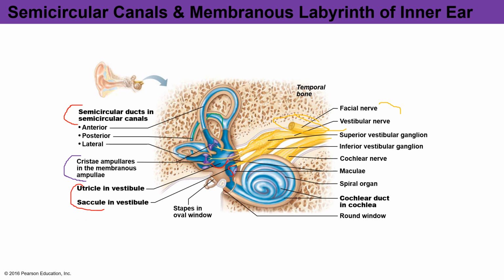Inferior vestibular ganglion, superior vestibular ganglion, or where the cell bodies are for this nerve, cochlear nerve going to the cochlea. This is for hearing. We can see the macula, spiral organ, cochlear duct, round window. We're going to take a look at all of these, and then the stapes in the oval window.